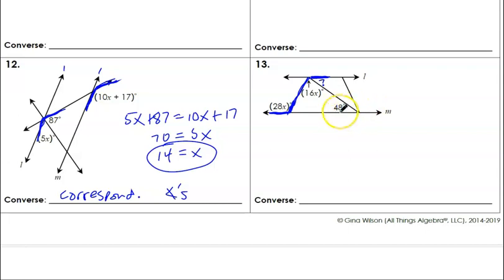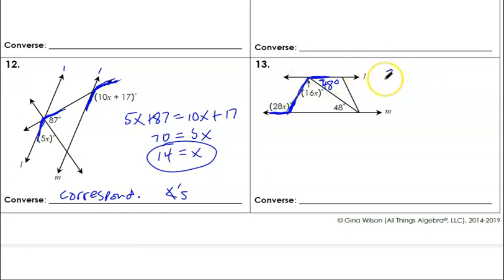Well, jumping over here and looking at this transversal, we know that these have to be alternate interior. So if these are alternate interior, this angle also must be 48 degrees. All right, so now we can set these two up to equal each other.